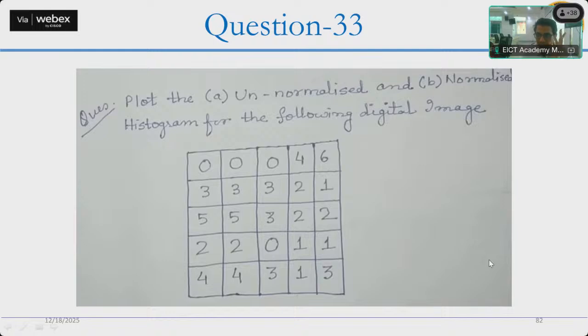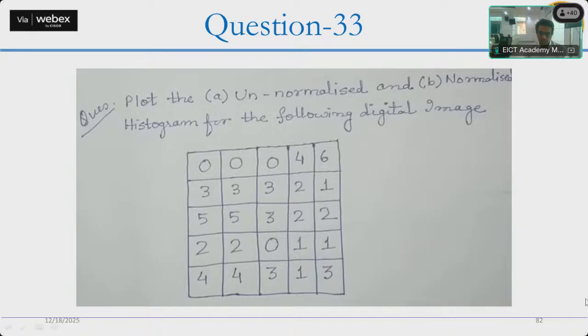Many people have answered it in histogram. What is important here is that on the x-axis it is the pixel intensity. From the matrix, it is clear that the highest value is 6, so it will be in the range of 3 bits only. So how many levels will be there? 0 to 7, right?